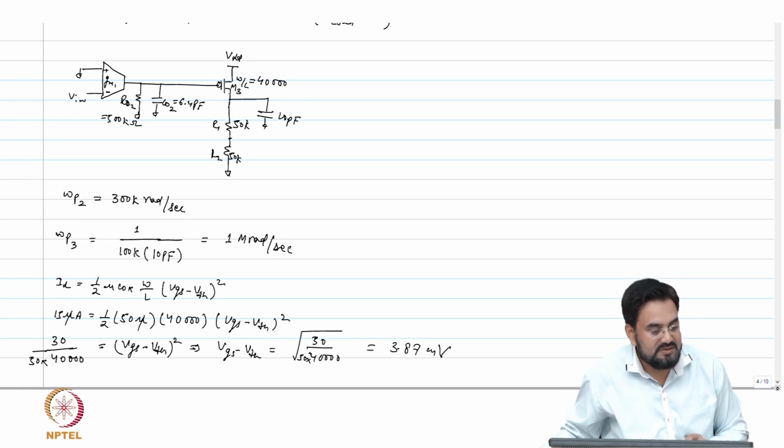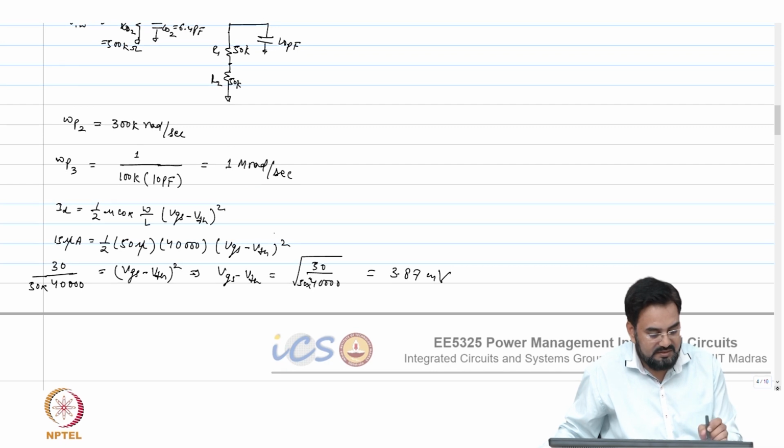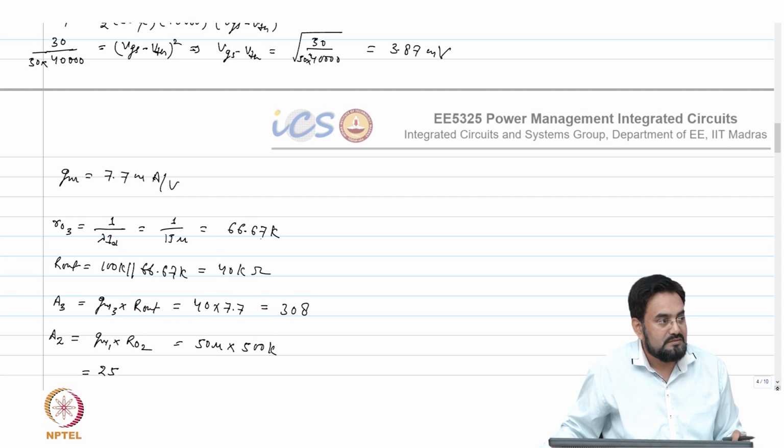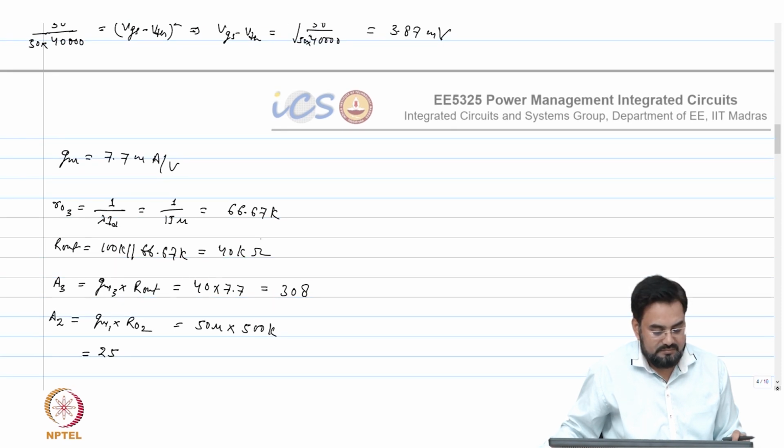Yeah, so that's what we did. 100K parallel with 66.7K. While calculating the gain, we assumed that, and then while calculating omega P3, C out into R out. Oh, sorry. No, your R out is 40K. That's correct. What is the problem?